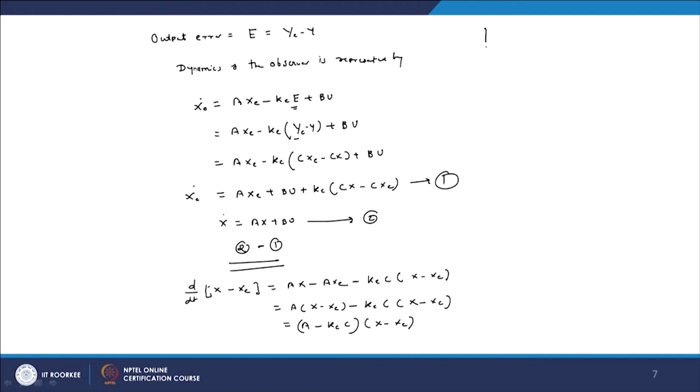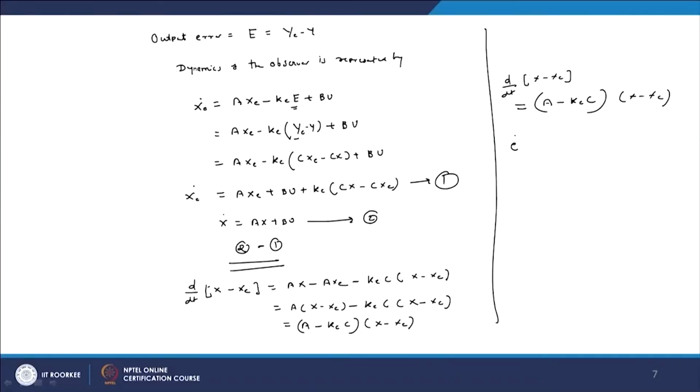That means the differentiation of x minus xc is equal to a minus kc into x minus xc. Now we find that x minus xc is the error between the states, so we can write it as error e, so e dot equals a minus k into c into e.